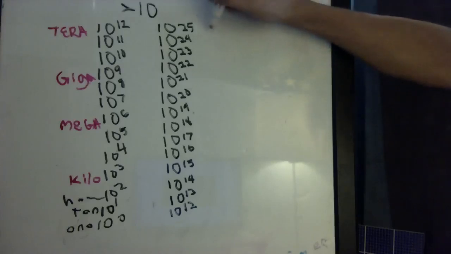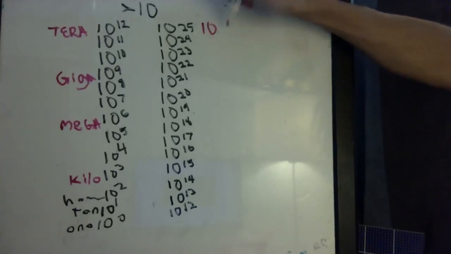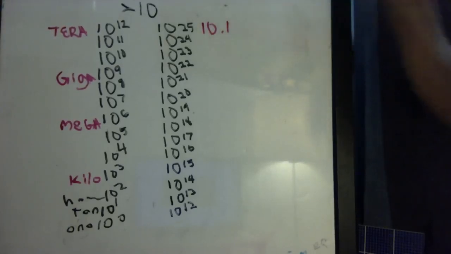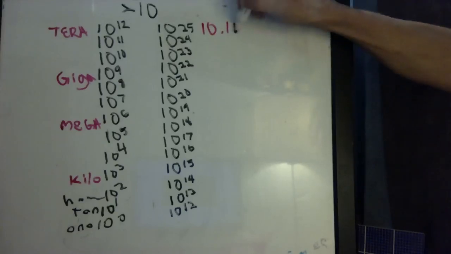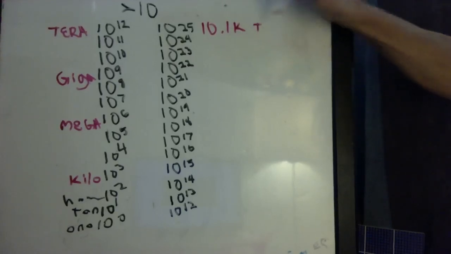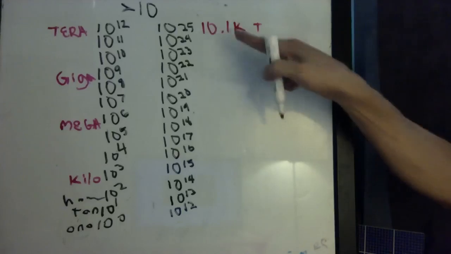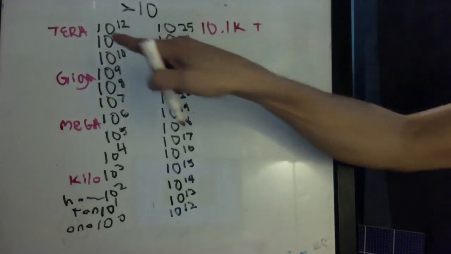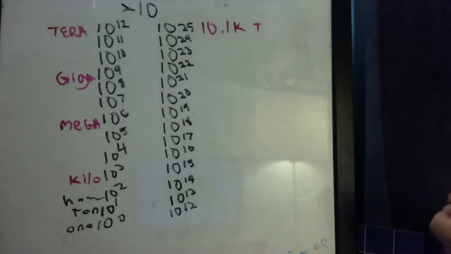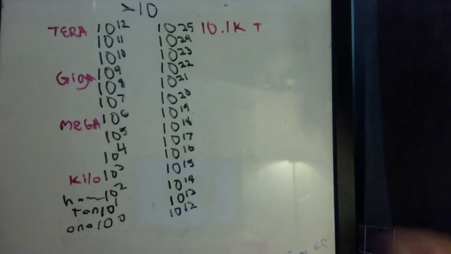But all right, let me just tell you what's on there. What it says here is that these guys, now think about this, and we'll just round it off to 10. They say 10.1, but actually, let's do the 10.1. What is that? 10.1 K terawatts. So 10,000 terawatts. That's how much they can currently produce right now.